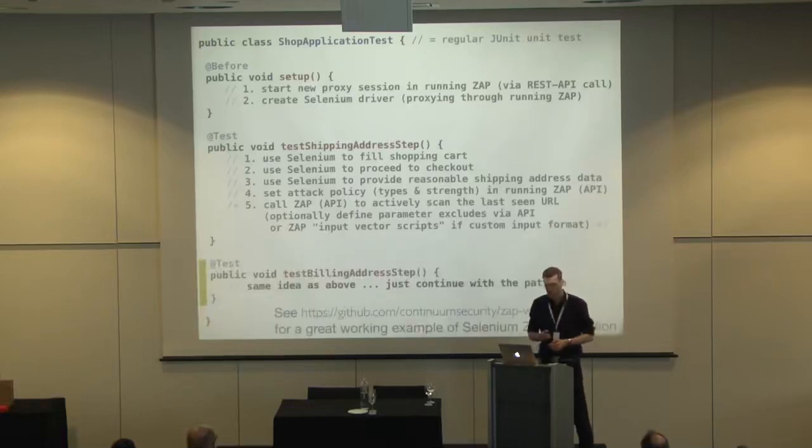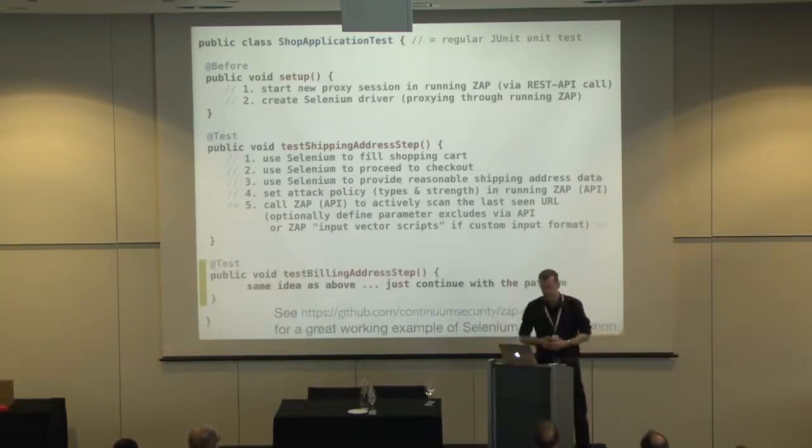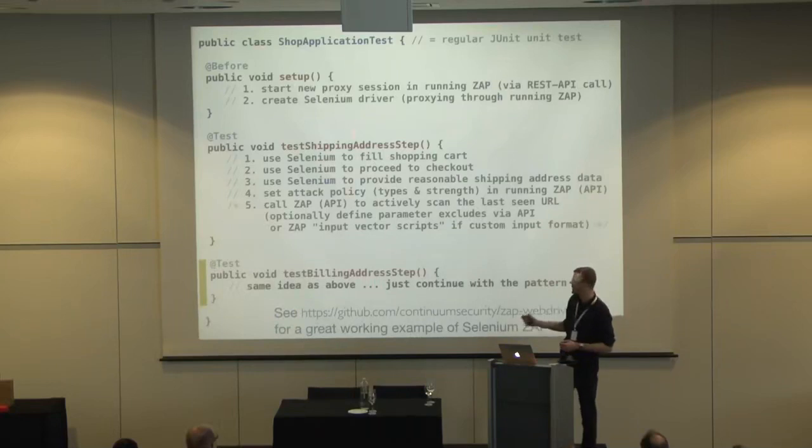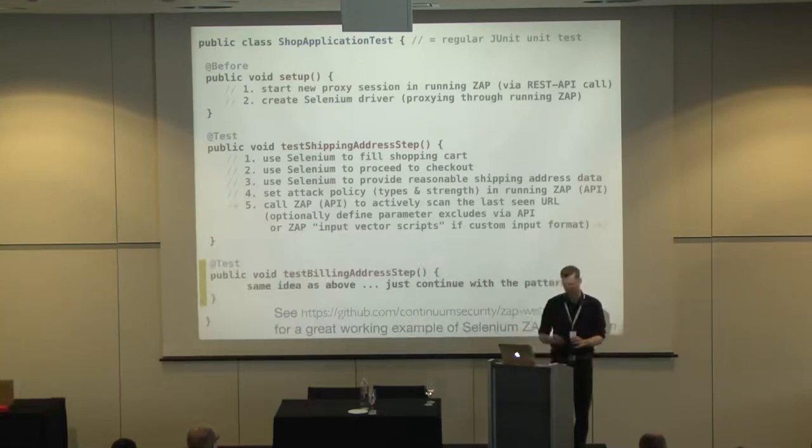There's a nice example available online on that kind of web page. The link is on the last slide as well. So that does steps similar to that, so you can use it as a very good starting point of how to integrate Selenium with ZAP.